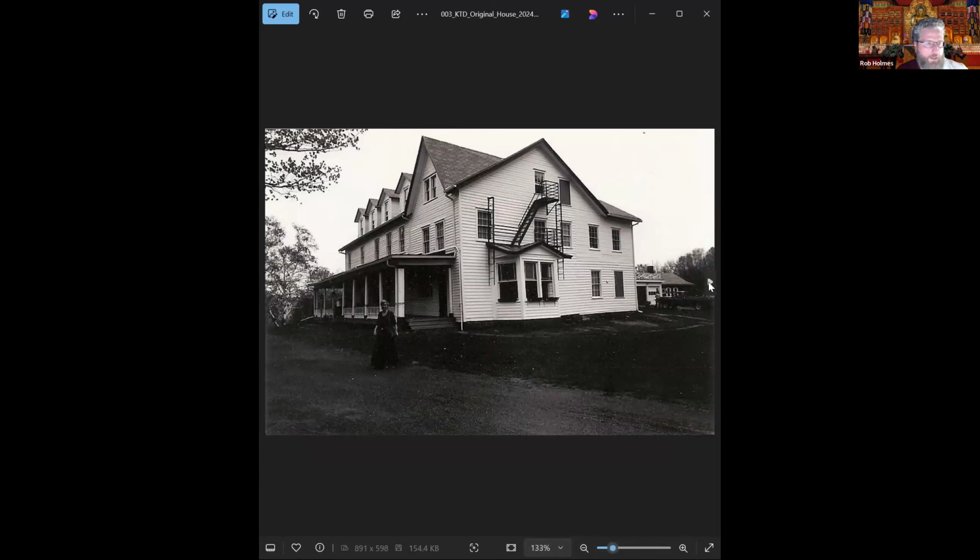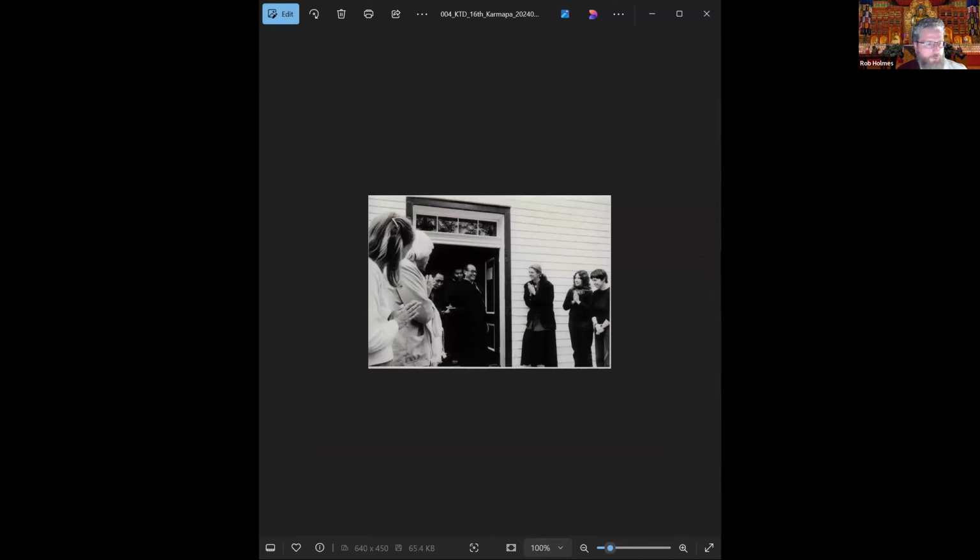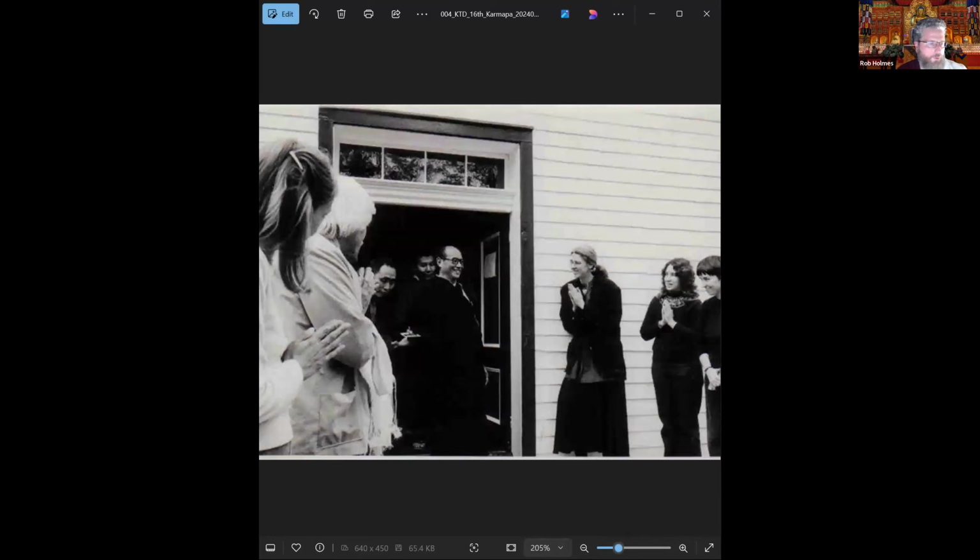Then after the old White House, there's another photo of him. It's an older photo, so it's a little grainy. At that time, he was giving very high level teachings and empowerments one after the other to all the students that happened to be there.